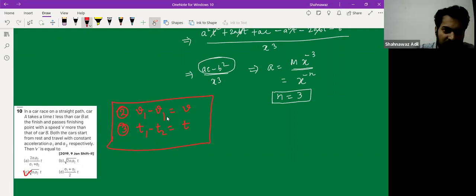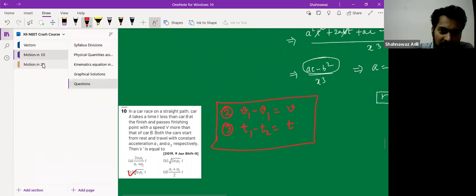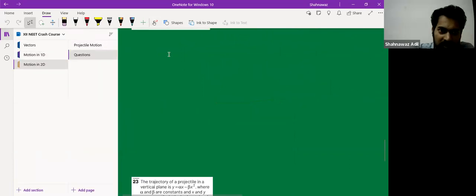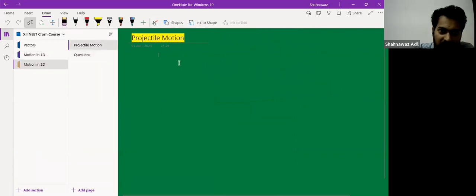Okay, so let's move on to the next topic, which is what? Motion in 2D. And you know that there will be two parameters which will describe the motion in 2D, and that will be what?